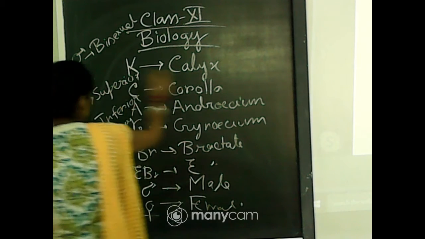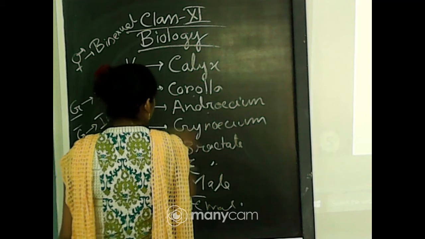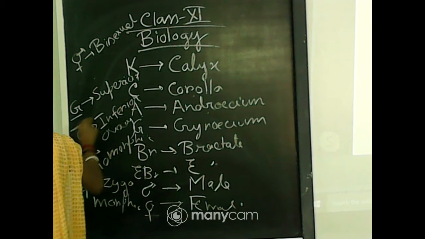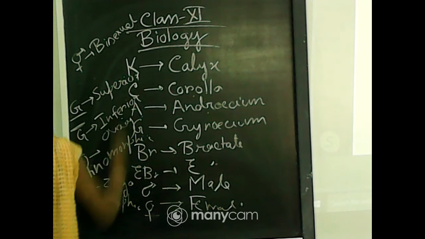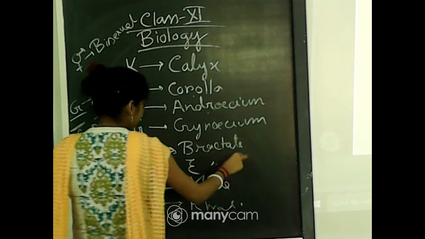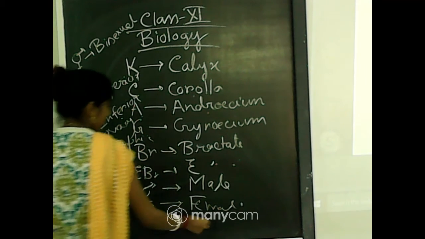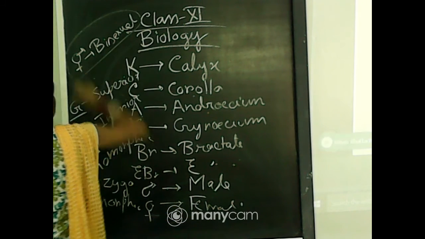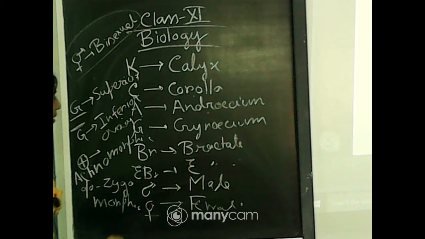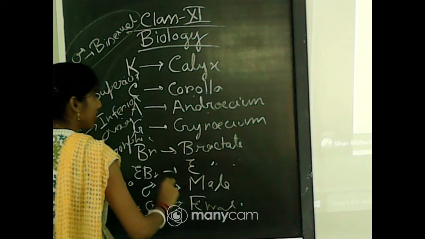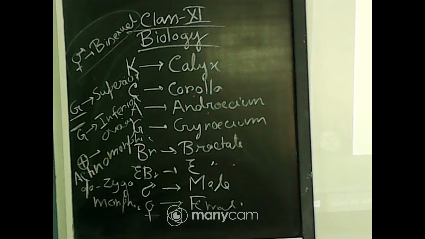K for calyx, C for corolla, A for androecium, G for gynoecium, an underline above the G is inferior ovary and an underline below the G is superior ovary, and BR for bracteate, EBR for ebracteate, that sign is for male, that sign is for female and this one is for bisexual, and within a circle a plus sign is actinomorphic symmetry, and a percentage sign shows zygomorphic symmetry.